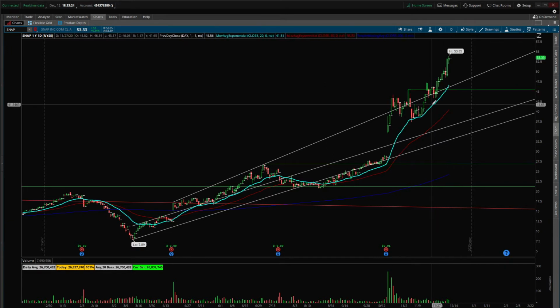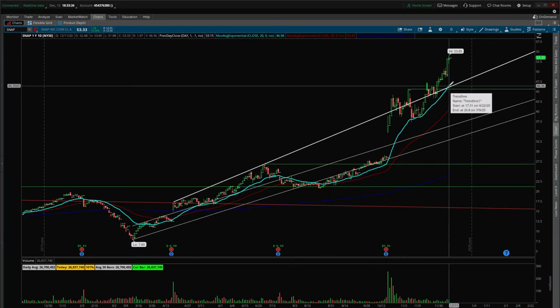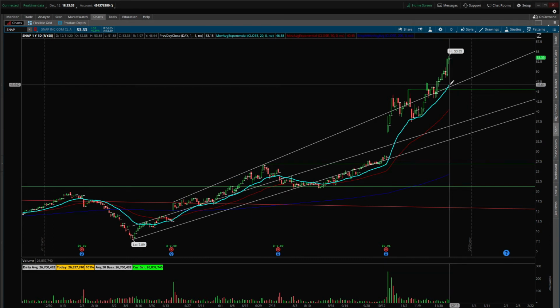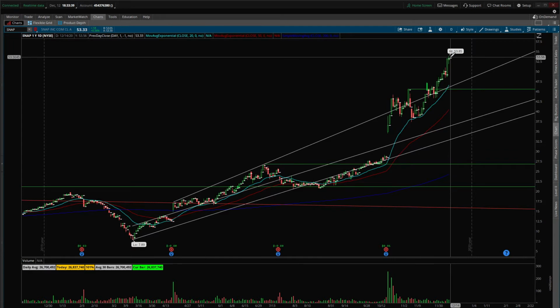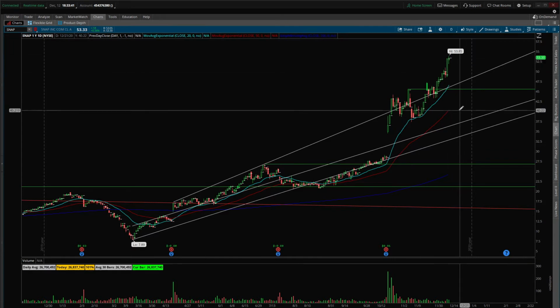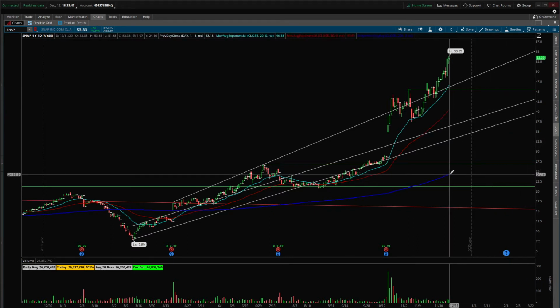We are out and away from this 20-day EMA. We're almost 10 points above it. It's down here below 47. We're almost at 54. We're way out and above this 50-day moving average, and way out and above this 200-day SMA.